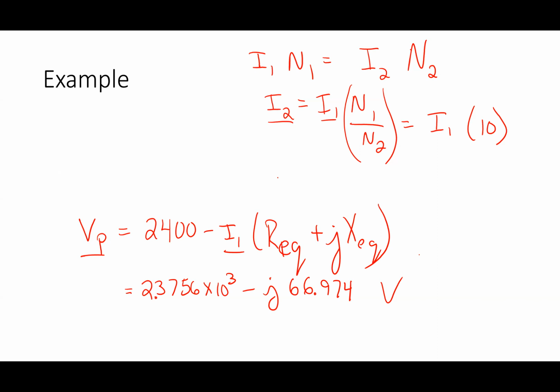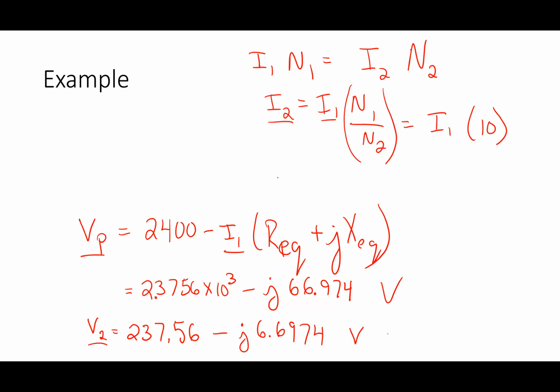Either way it works, but that's the way I did it. How would I get V2, the voltage that I was looking for? Almost the same. Divide by 10, divide by the turns ratio. So it would basically be 237.56 minus j 6.6974.